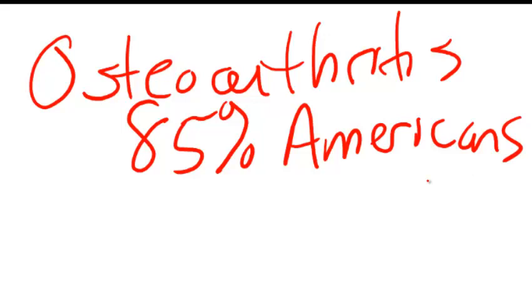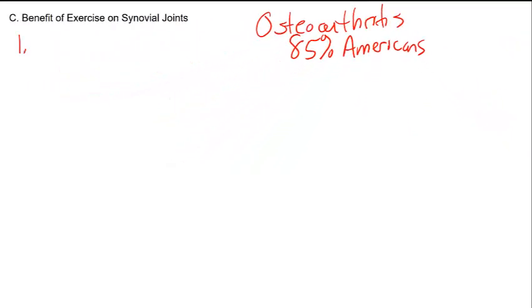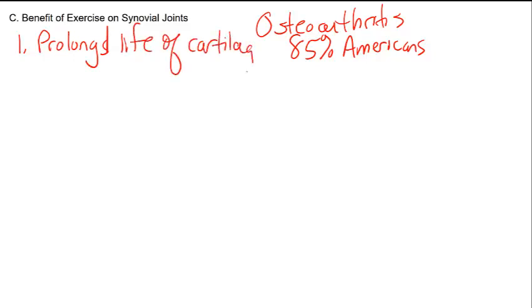So how do we prolong the life of our joints? Well, exercise. Why does exercise help? Well, one reason is it prolongs the life of the cartilage. Remember that cartilage is avascular.